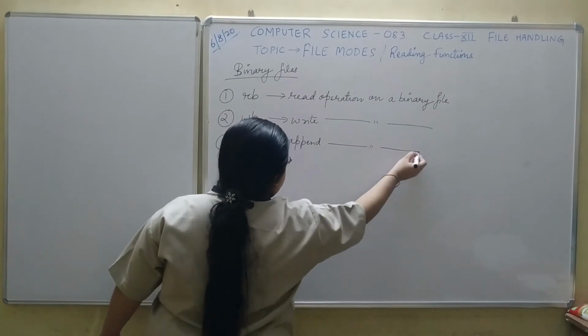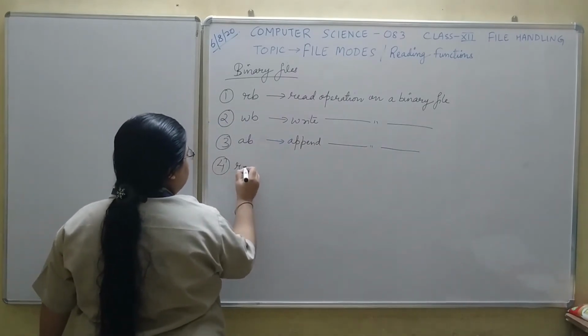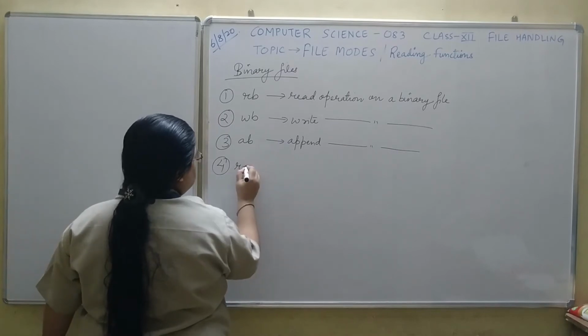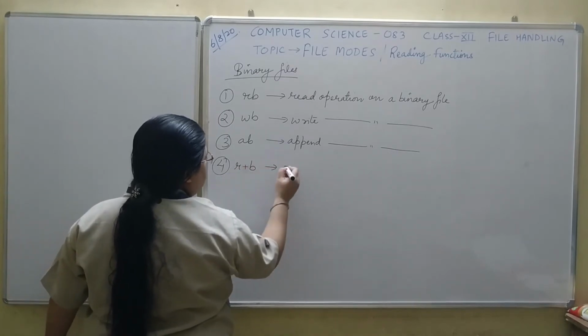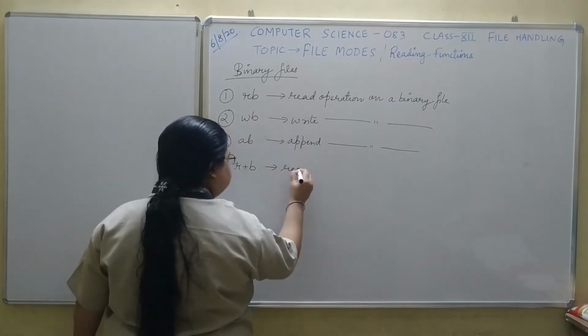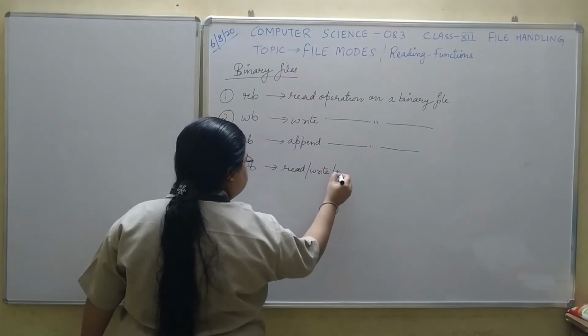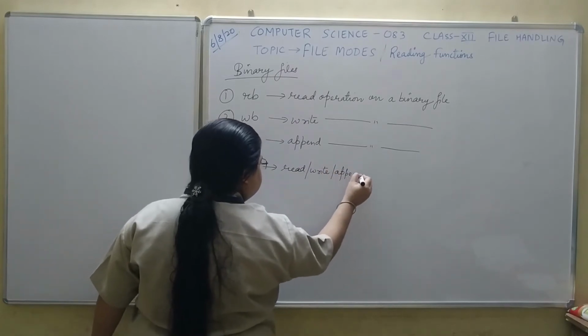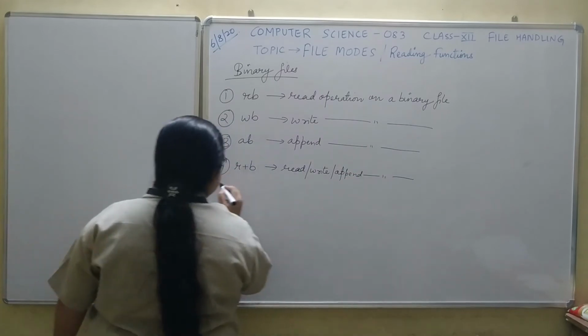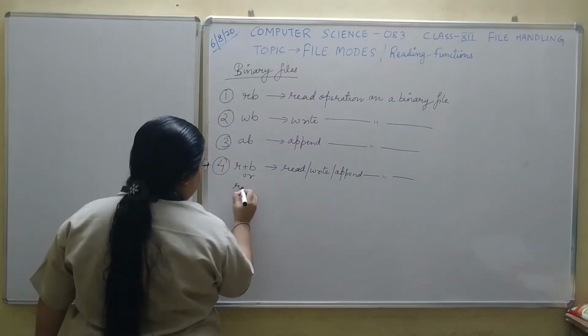And similarly, we have R plus B, which is read and write operations on a binary file. We can also write it as RB plus.